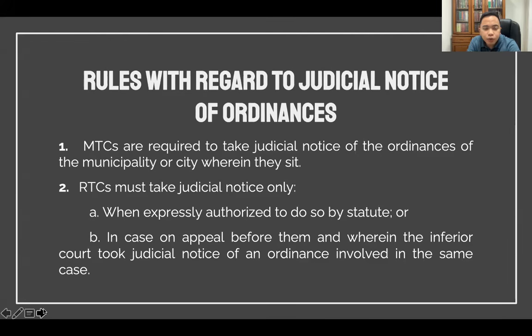Now, with regard to ordinances, the municipal trial courts, the first level courts, are required to take judicial notice of the ordinances of the municipality or city wherein they sit.